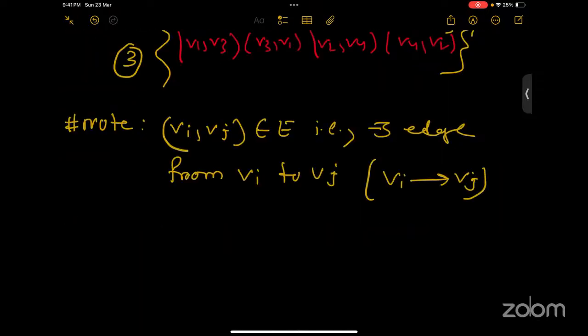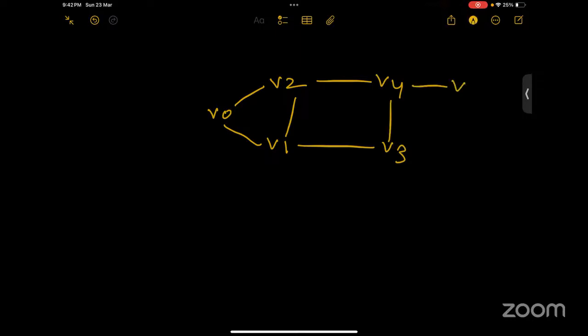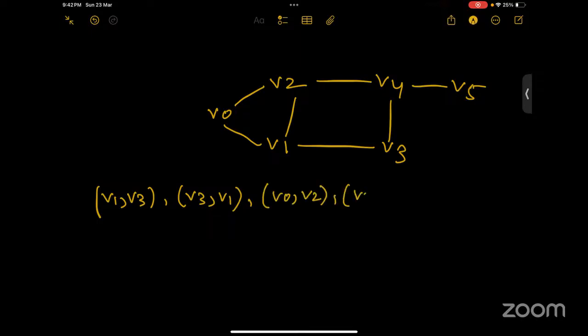Okay, let me draw the graph again. So we have V0, V2, V1, then V4, V3, V5. If I take V1, V3, then V3, V1, V0, V2, V2, V0, V4, V5, V5, V4.